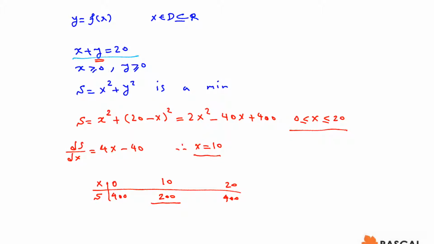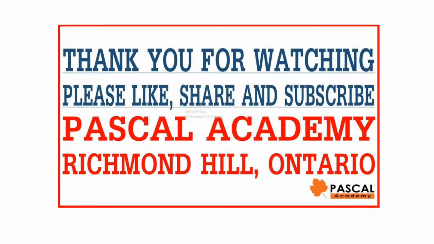This means when x is 10, minimum of s is 200. When x is 10, y is also 10. This means among all two non-negative numbers with the sum of 20, the sum of their squares is minimum when x is 10 and y is 10. Thanks for watching.